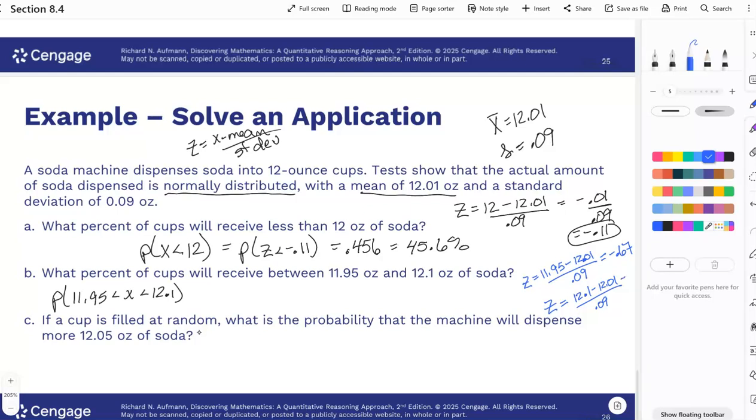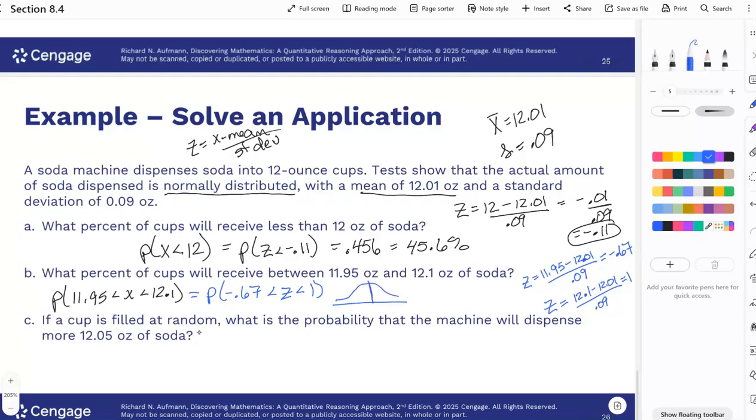That's going to give me a z-score of 1. So this is equivalent to saying we want to find the probability that my z is between negative 0.67 and 1.